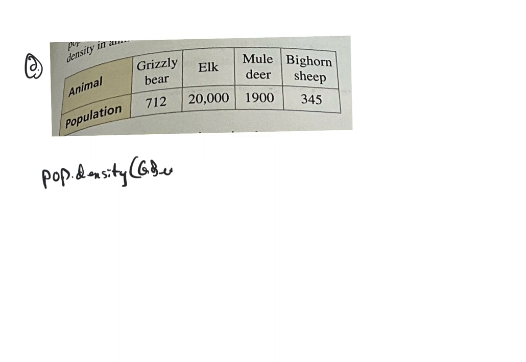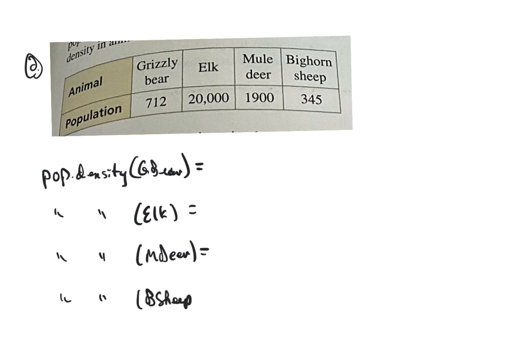So just kind of abbreviate that. Population density for elk. Sorry, you gotta learn to spell. For elk in Yellowstone. Population density for mule deer. And finally, the population density for bighorn sheep. Okay, just abbreviating each one of those.